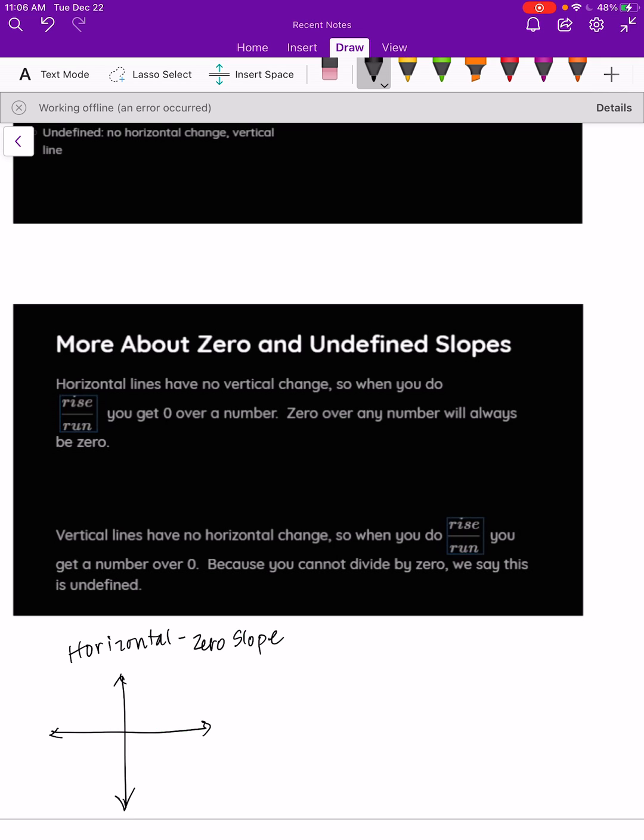If I have a line here, let me put it in this green, and I put points on this line. This point here is 1, 3. This would be 2, 3. Let's make this 3, 3.